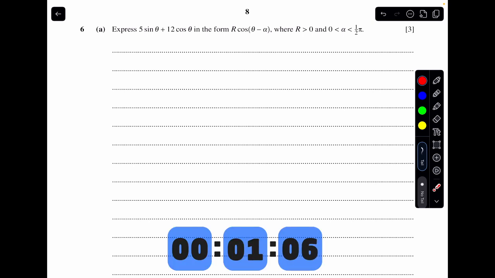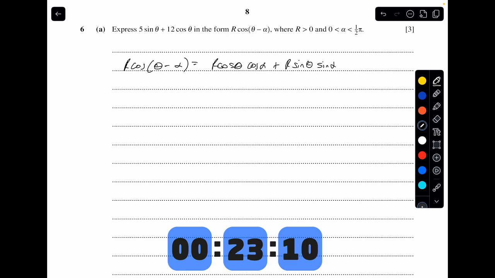So, r cos theta minus alpha, which is r cos theta cos alpha plus r sine theta sine alpha.